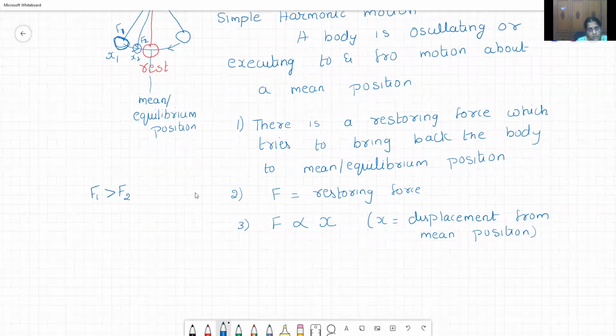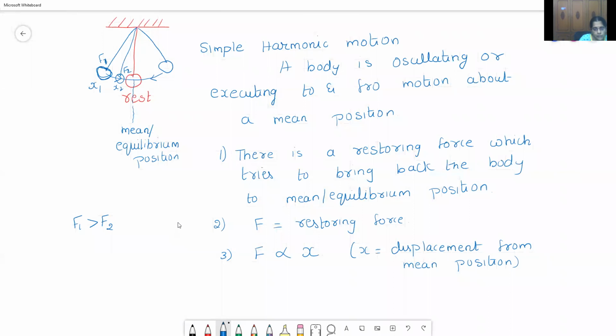Now what about the direction of this restoring force? This restoring force is negative to the displacement. There is going to be a minus sign. The force is in this direction, but the displacement is in this direction. You have this equilibrium position, the bob is moving like this, so your x is like this, but your restoring force is like this.